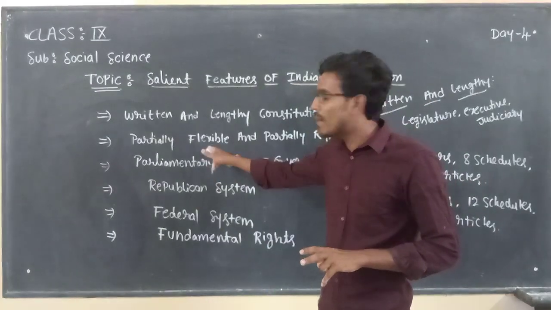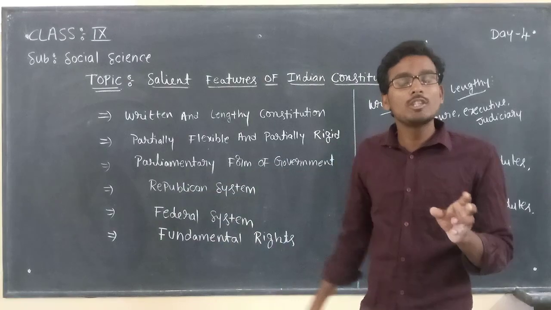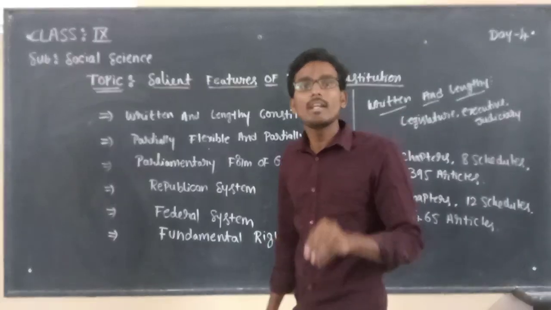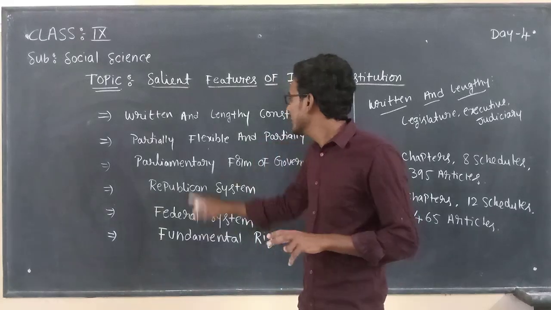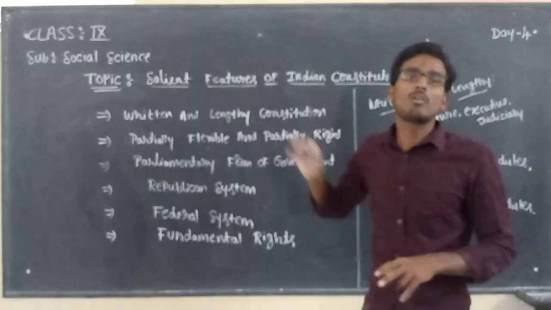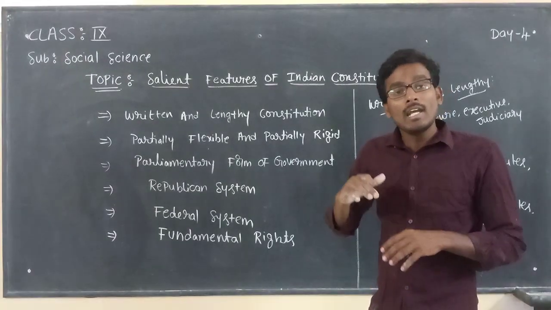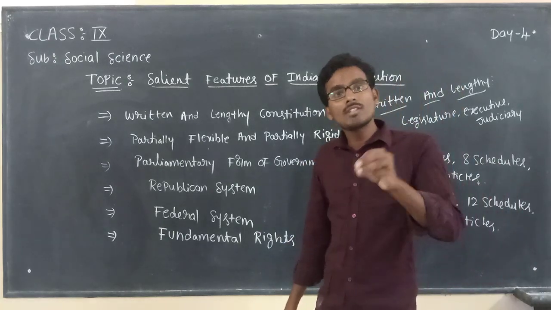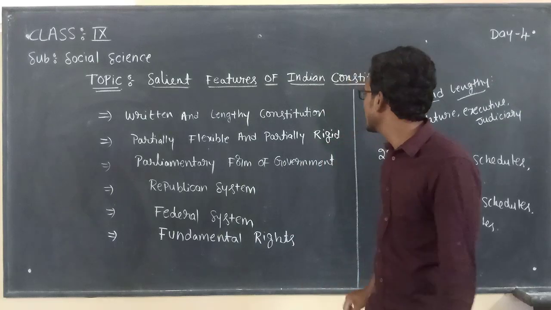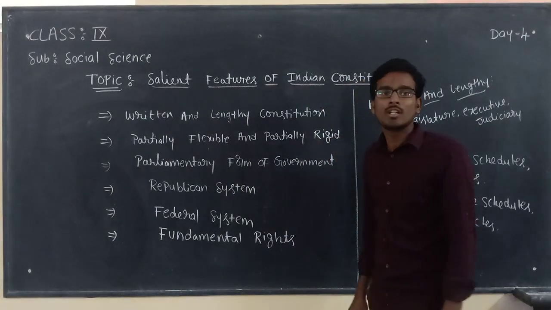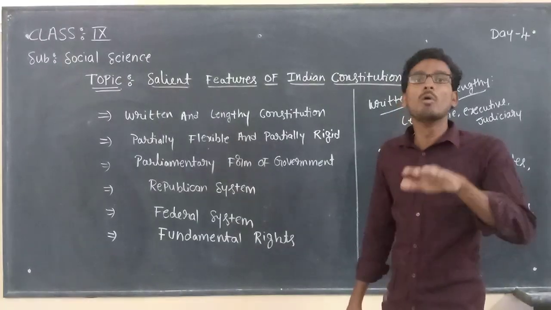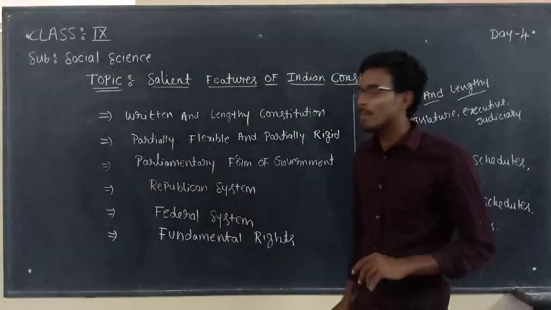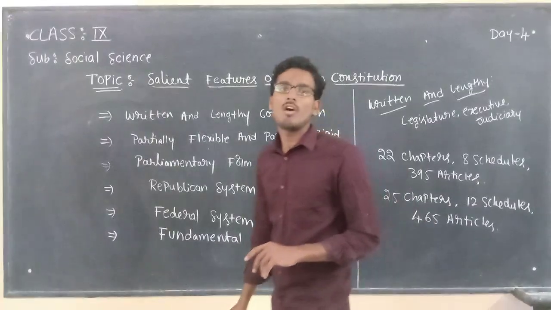Flexible constitution means the amendment is easy. If the amendment takes place through a special process, that is known as a rigid constitution. So our constitution is both partially flexible and partially rigid.